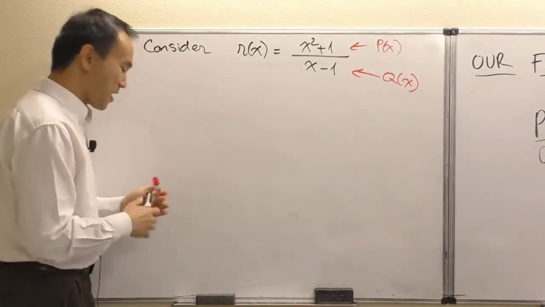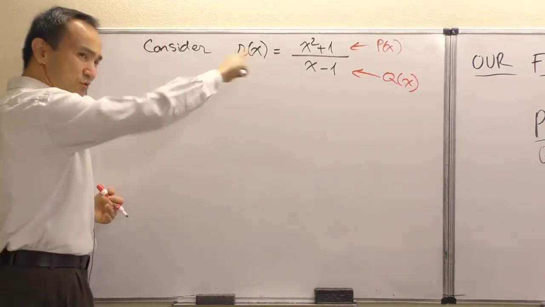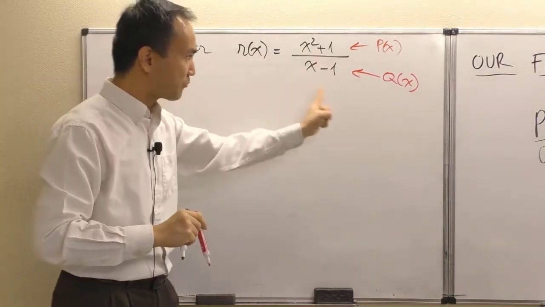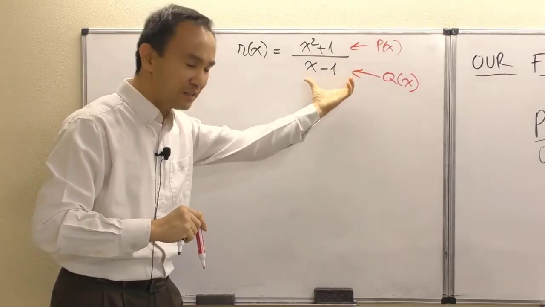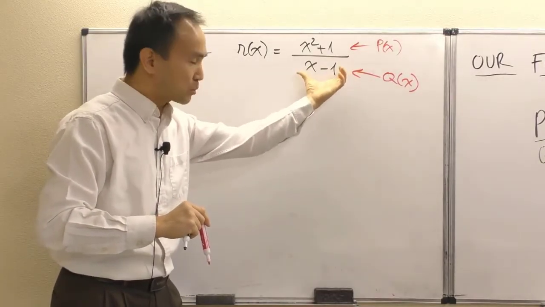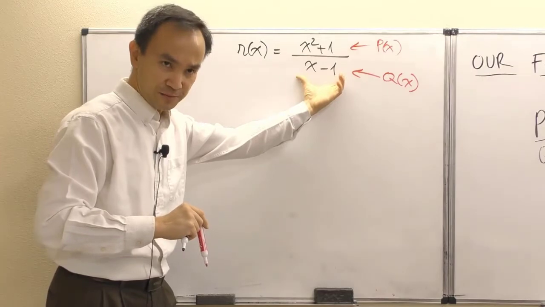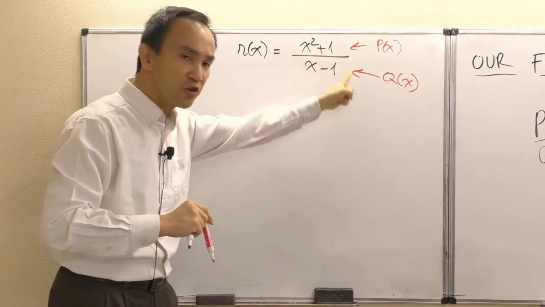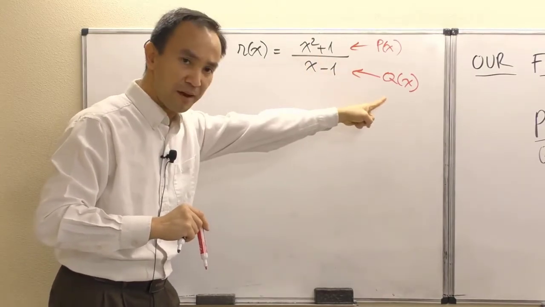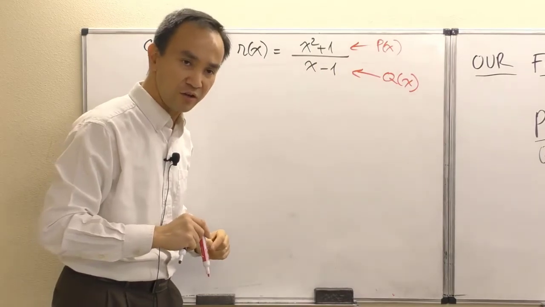So now back to this specific function. Upon realizing that the denominator here is an expression other than a constant, its value can change depending on whichever input value we give for x.